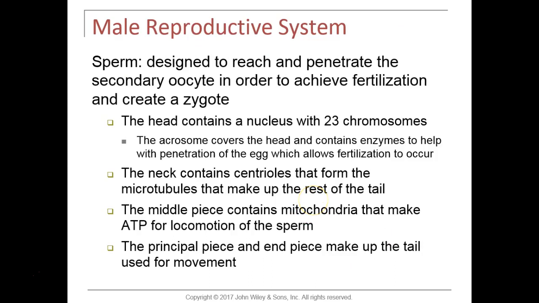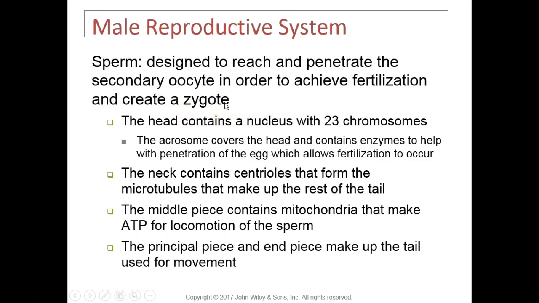So sperm cells ultimately are designed to do really 2 things. 1, penetrate the secondary oocyte. So there are layers on the oocyte that have to be penetrated, and once these layers are penetrated, it allows the sperm cell's nucleus to fuse with the egg cell's nucleus, which we call fertilization, and the combination of the sperm cell with the egg cell forms what we call a zygote.